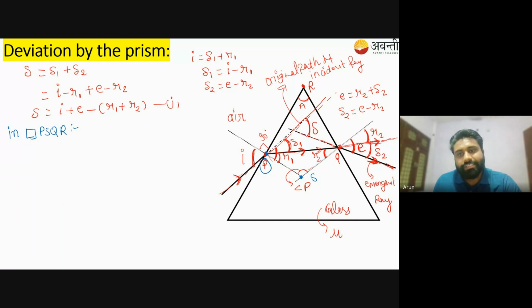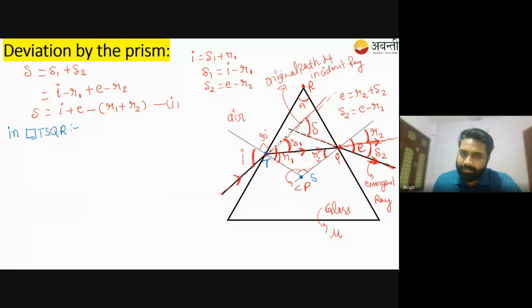We have considered the angle named as P. So in quadrilateral PSQR.